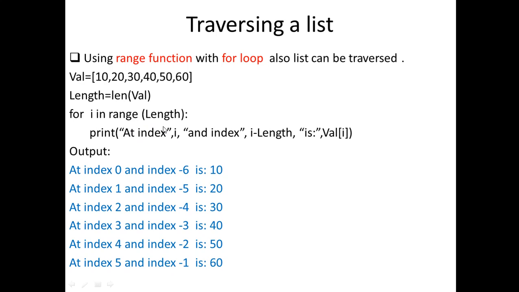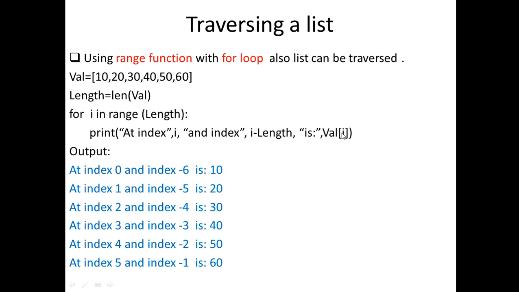Whatever is given under the double quotes, as it is, it will display, then the value of I. And I minus length means 0 minus length. Length is what? 6.